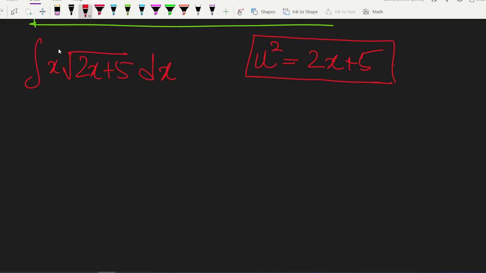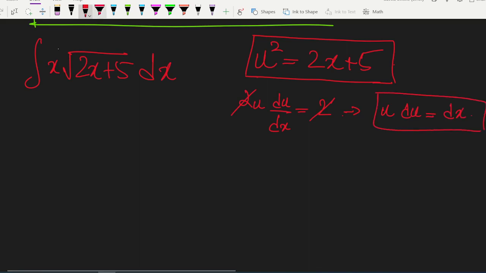You need to remember that. So this becomes 2u du over dx equals 2, right? If I take dx as common, the 2 and 2 cancel out. So u times du equals dx. This is the first substitution that we would need, right?